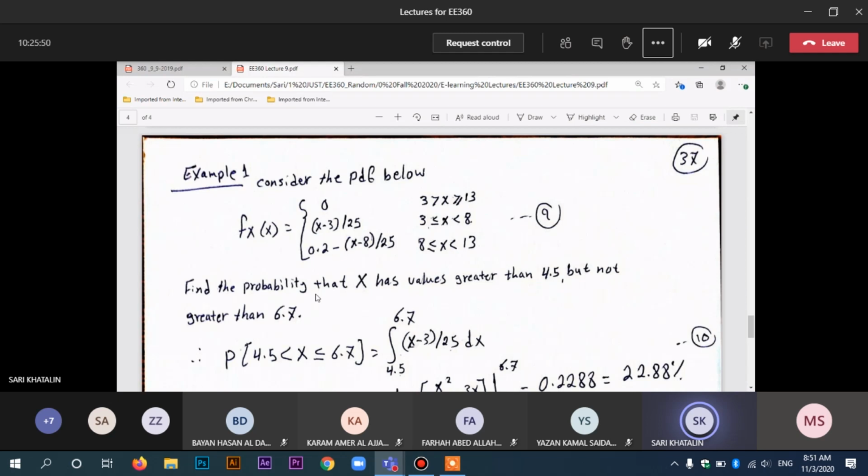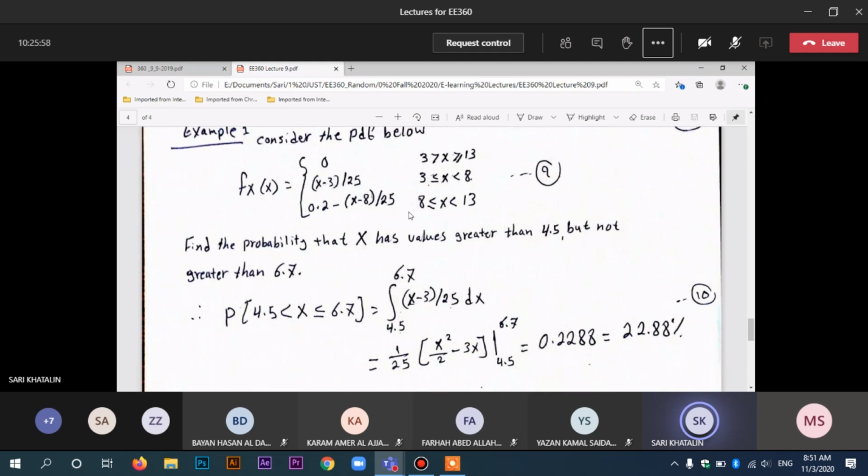Now we are on page 37. Again, we were given a PDF with 3 different parts.